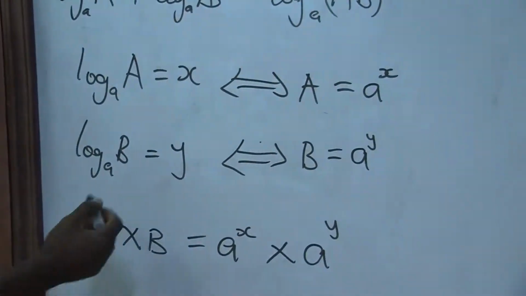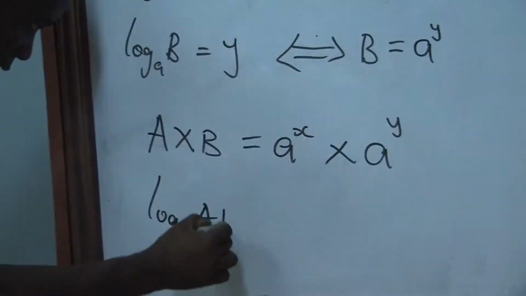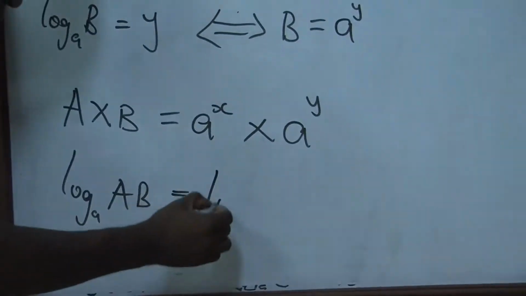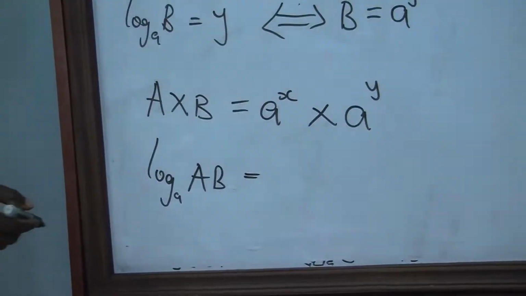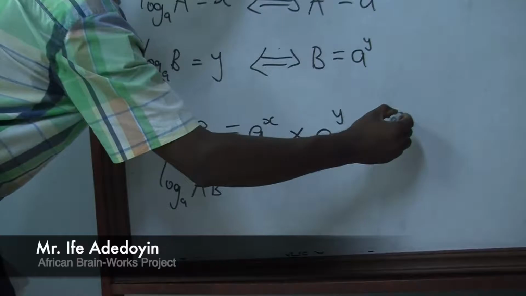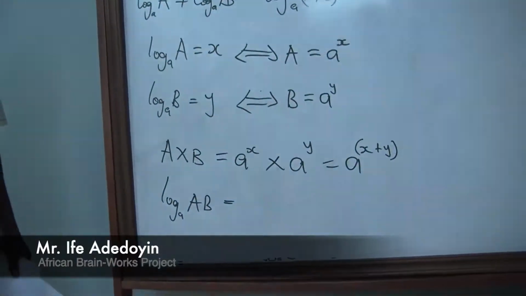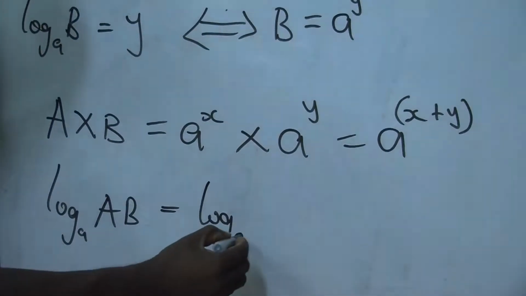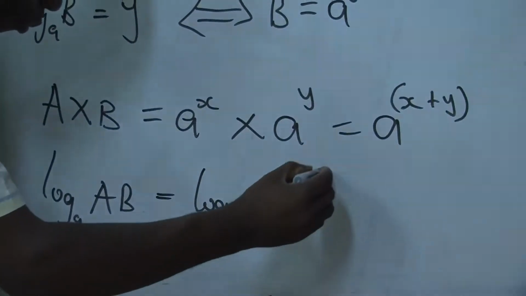So if I'm going to take the log on this side, that will give me log of AB in base A. Then it's going to equal log of, mind you, when we are dealing with indices, this times this will equal A raised to the power of X plus Y. Remember? Beautiful. So this now will be log of A in base A raised to the power of X plus Y.